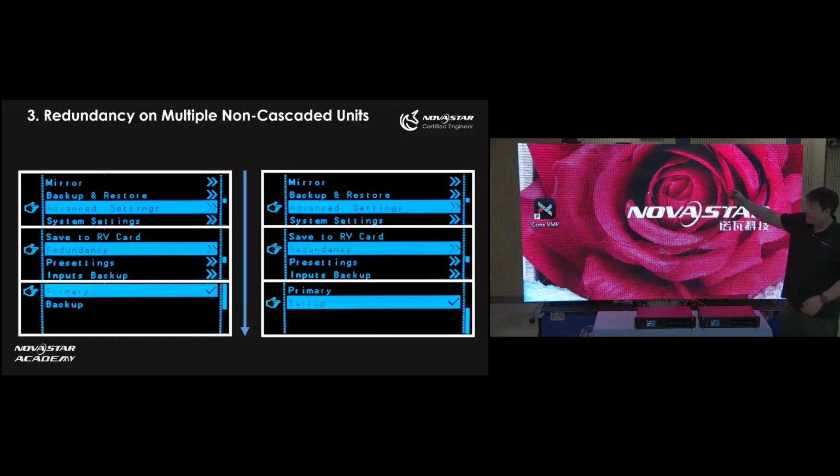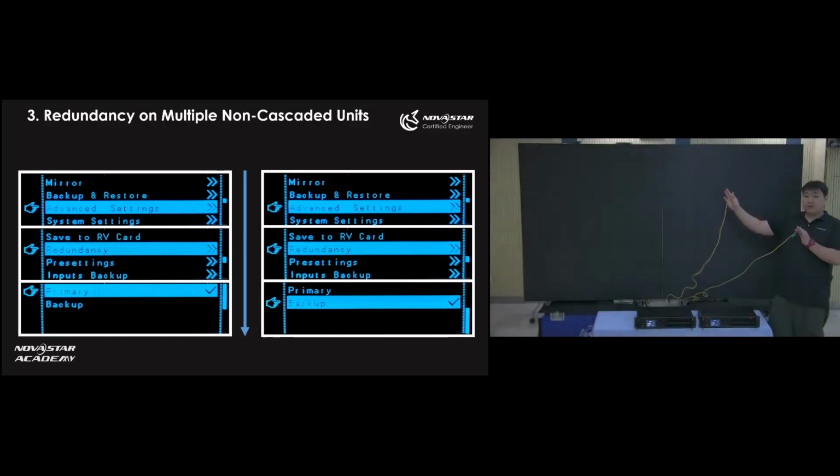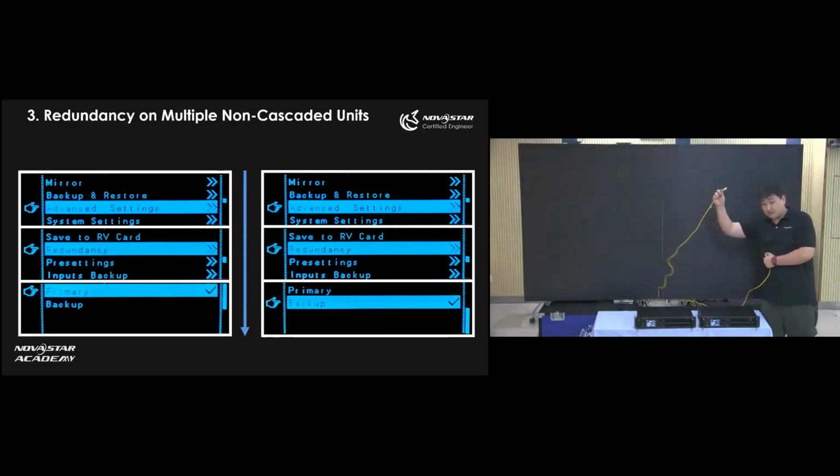See that? I plug it out. The cable is disconnected, but the screen is still working here. It's still working properly, right? Okay, I will show you again. Now, I plug out 2 cables, and this is primary.